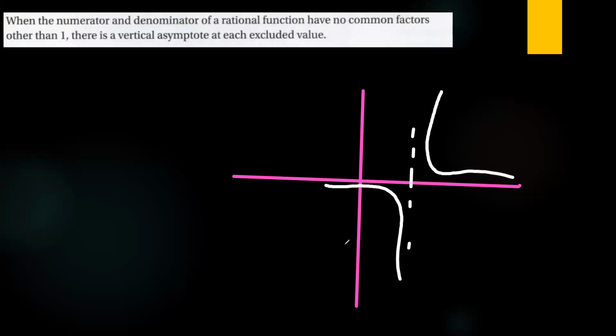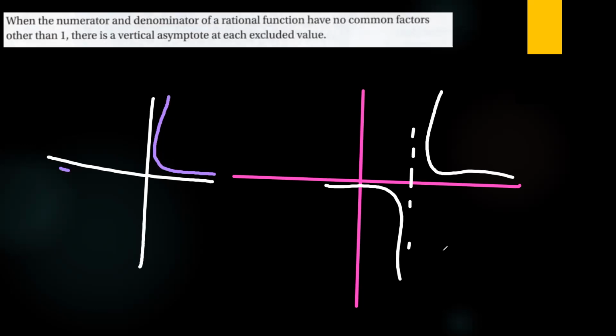Sometimes you have it like this. Here it tends to touch, and it's very close to the x-axis. So I will say x equals 0 is the asymptote. Sometimes you have it like this.